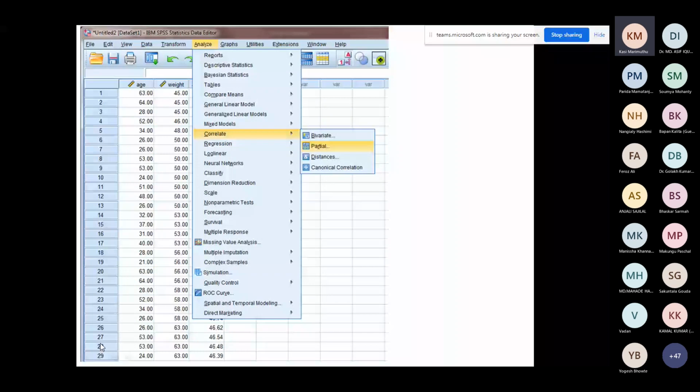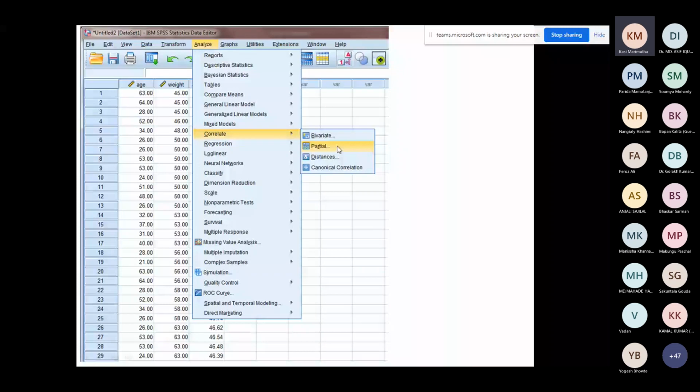So you need to key in the data in SPSS. I haven't opened it, I'm just explaining. Then I will open it. In SPSS, you need to key in all your data in 3 columns: X, Y, Z. Once you have keyed in, go to Analyze, Correlate, Bivariate, Partial Correlation.